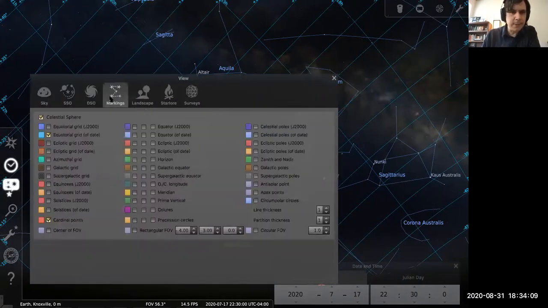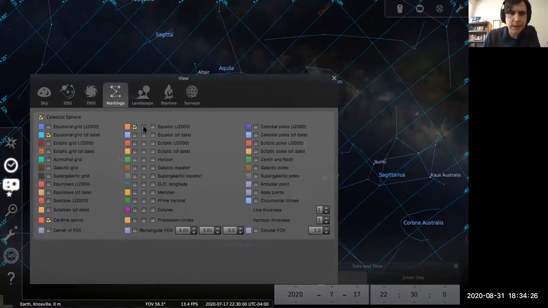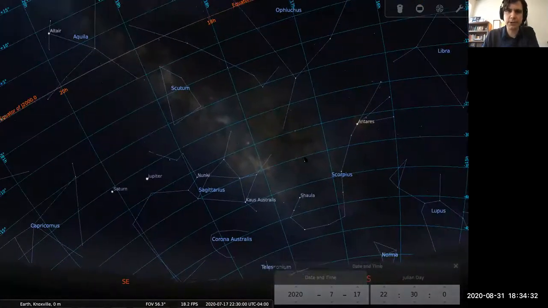So I'm going to go to my markings and turn on the celestial equator, but I want to make it bright orange for us. Okay, and now we should have a bright orange celestial equator. So there's our celestial equator in bright orange.